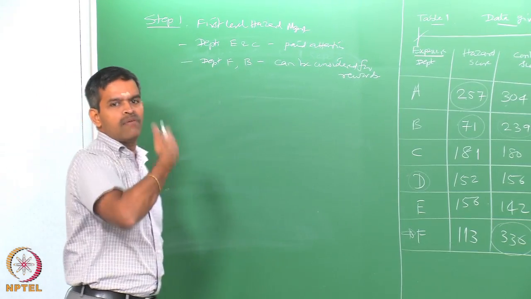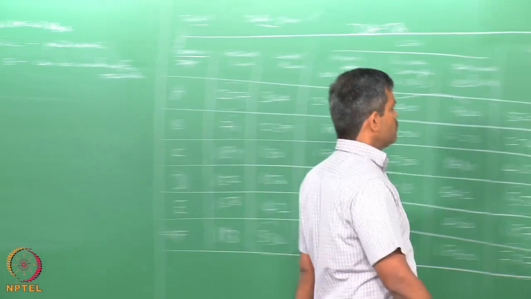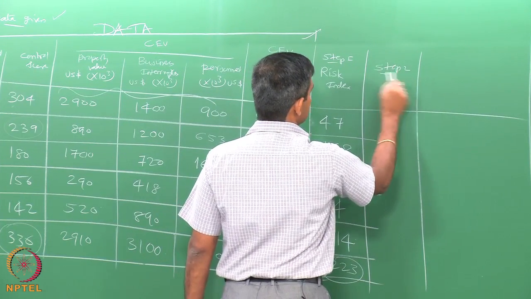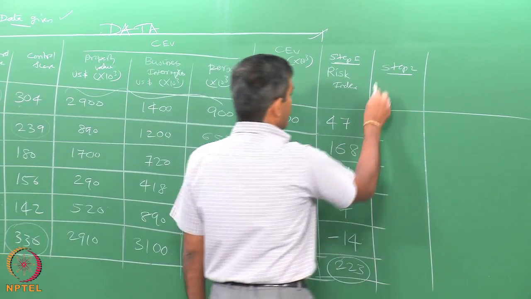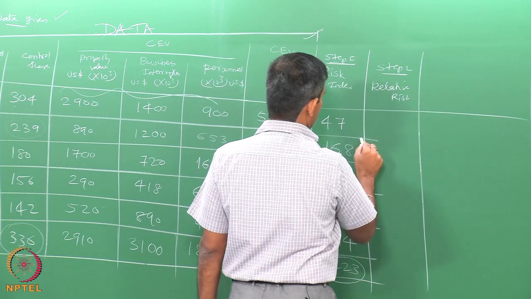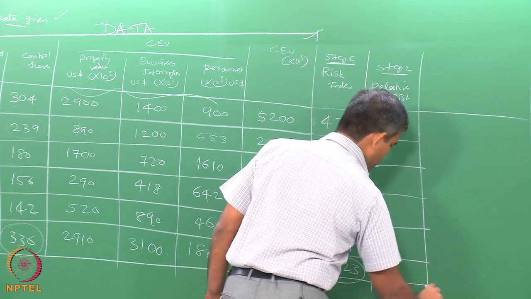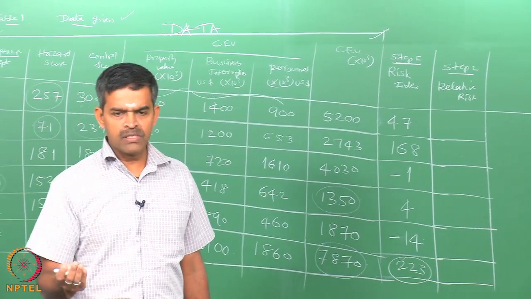Let us see how this is getting redefined. After doing risk index, in step number 2, we are supposed to compute the relative risk. Let us do that. To compute the relative risk, I have to identify the base reference department, which is the best department.